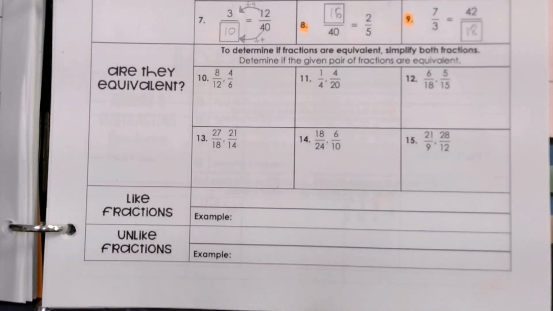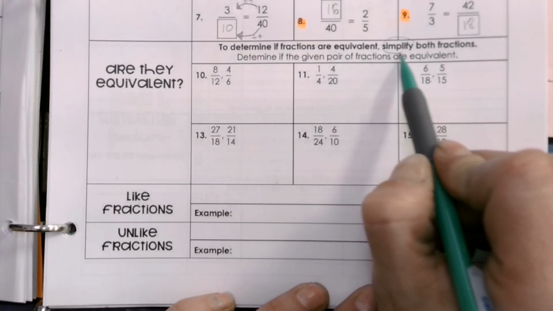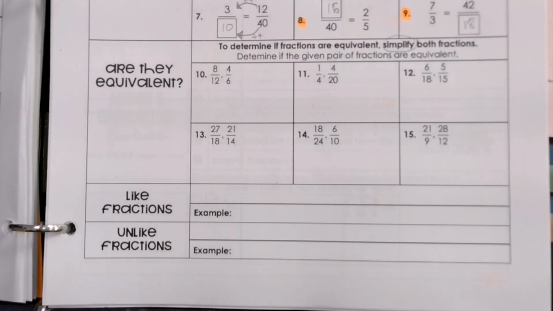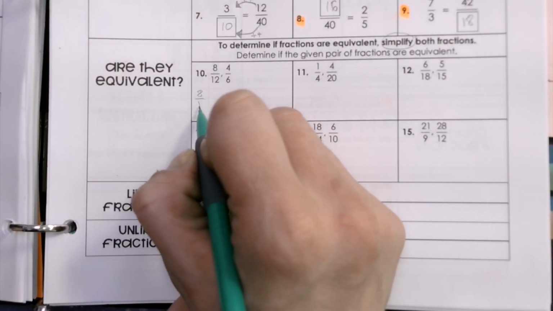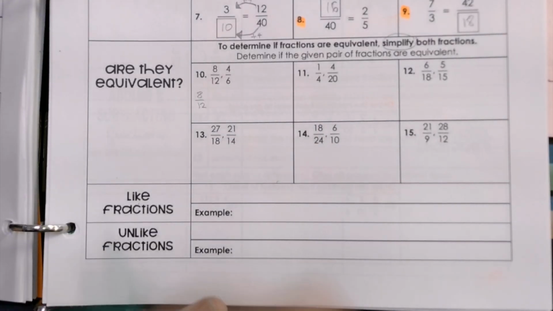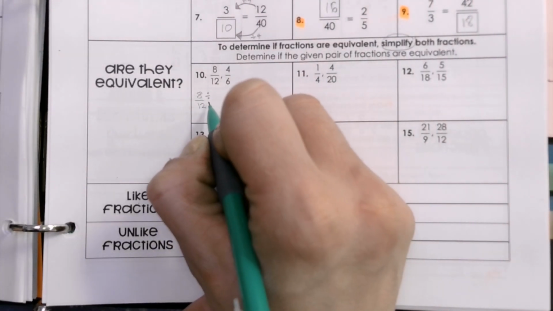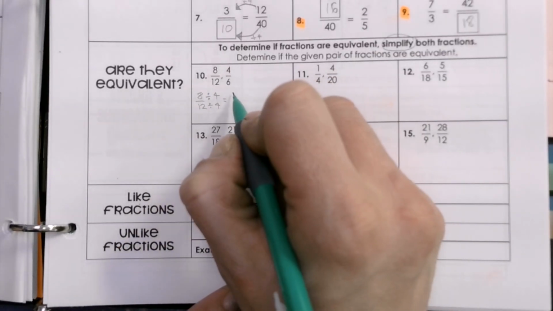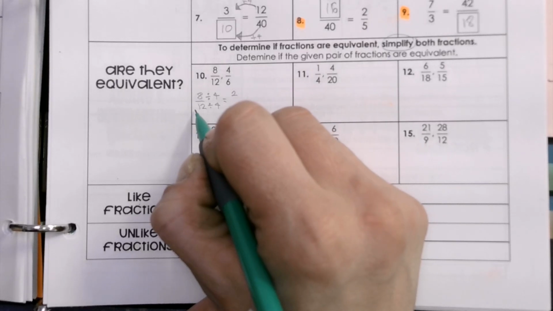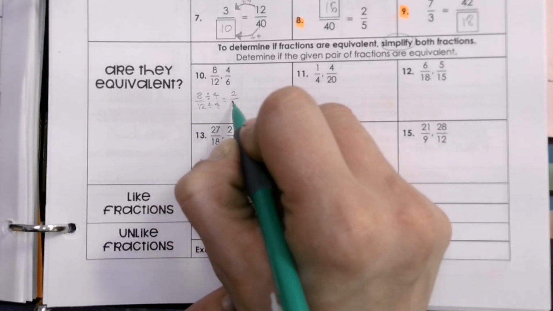All right, next section. To determine if fractions are equivalent, we are going to simplify both of the fractions. So let's simplify each of these. So 8/12 will simplify if I divide both the top and the bottom by 4. 8 divided by 4 is 2. 12 divided by 4 is 3.